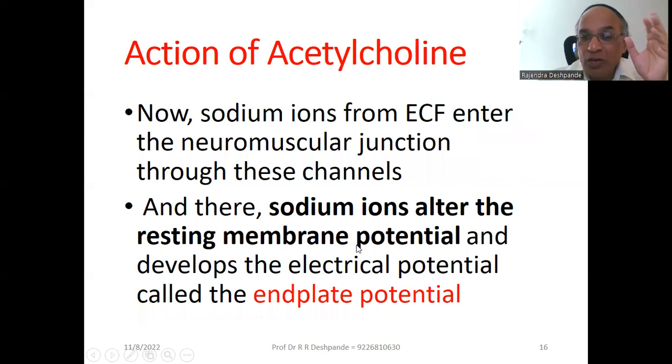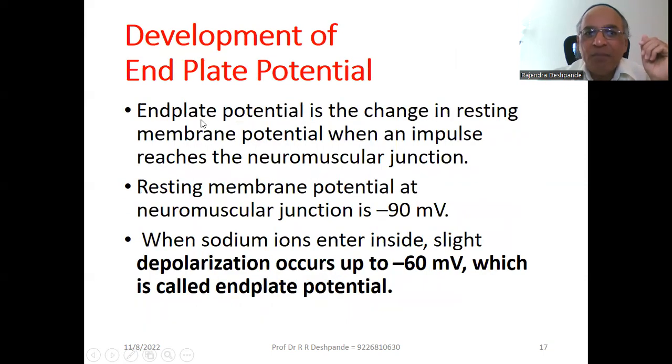So finally, these sodium ions coming into the cleft change the configuration of that end plate potential. End plate potential is the change in resting membrane potential, RMP, when an impulse reaches the neuromuscular junction. The resting membrane potential at the neuromuscular junction when nothing is happening is minus 90 millivolt. This is the RMP in skeletal muscle.